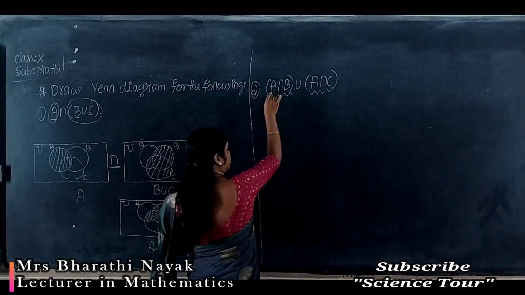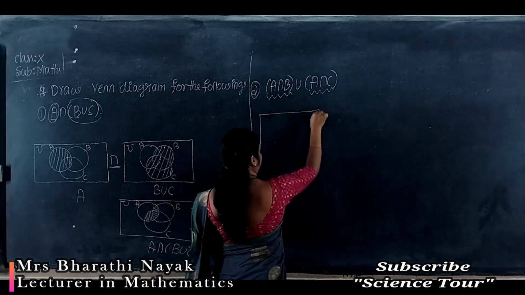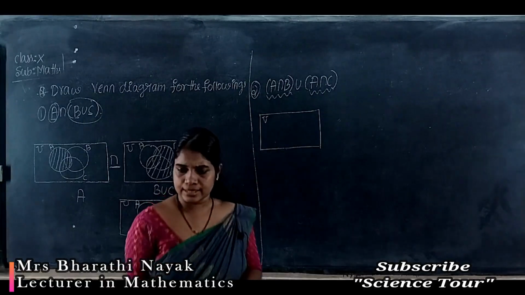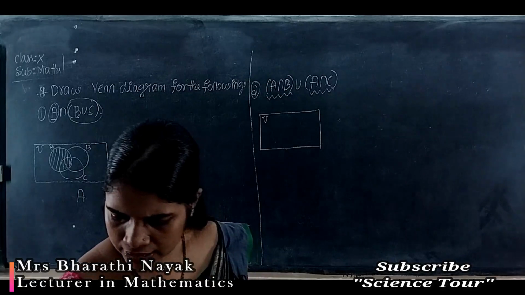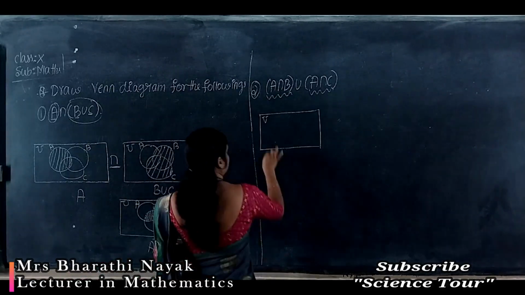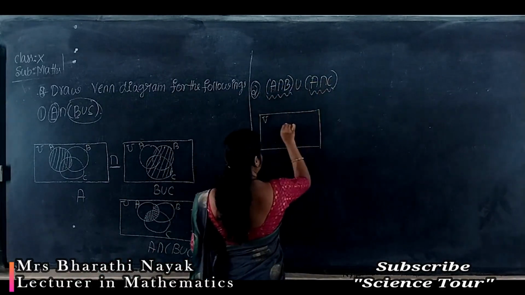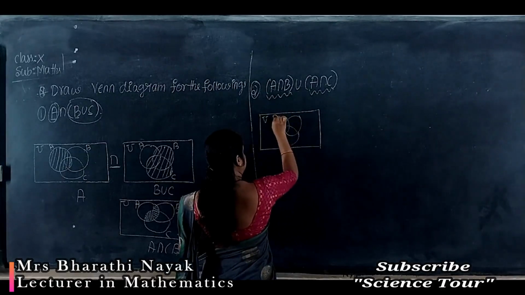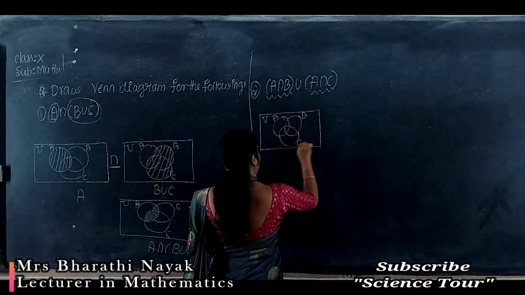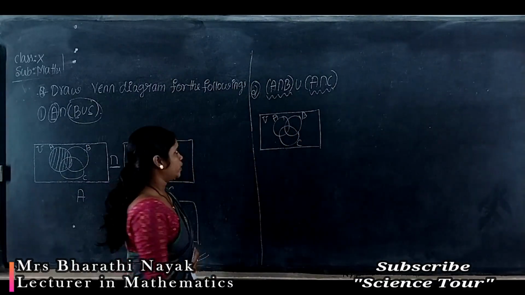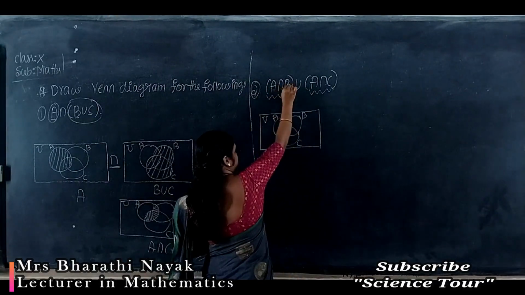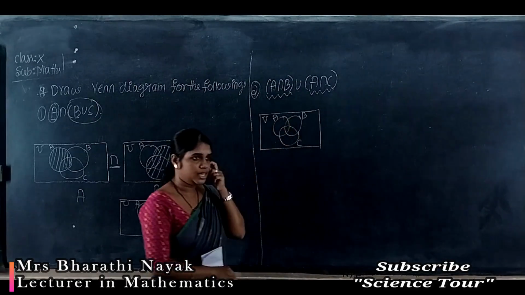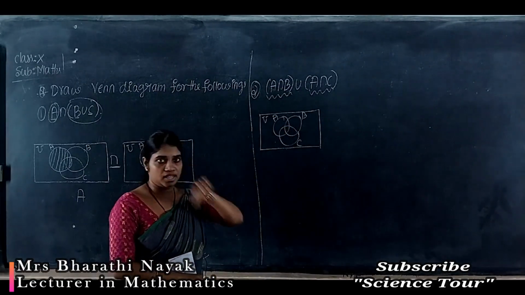Yes. So first, this is your universal set. Here also there are three sets, so therefore set A, set B, set C. This is A, this is B and this is C. A intersection B means among set A and set B, shade the common region.